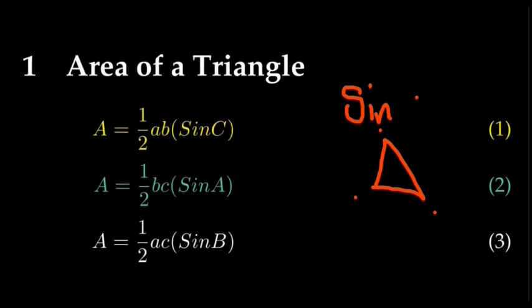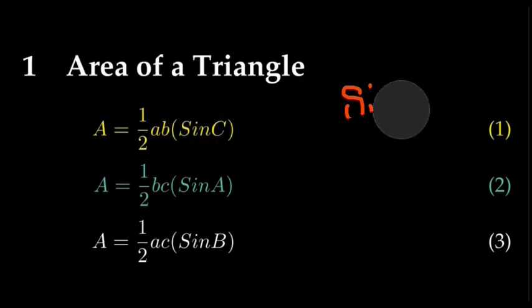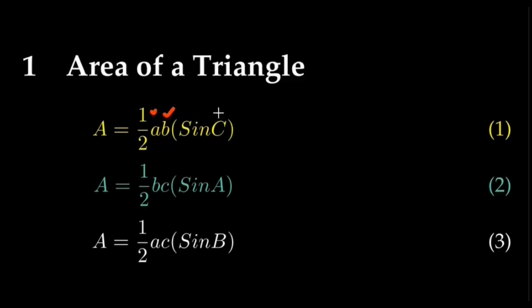This formula can be in three forms. Form number one: you are using side A and side B, so you multiply by sine C. The other one: if you're using side B and side C, you multiply everything by the sine of A. If you're using A and C, what is remaining is B, so you multiply by sine of B. So this is the formula you can use to find the area of a general triangle.